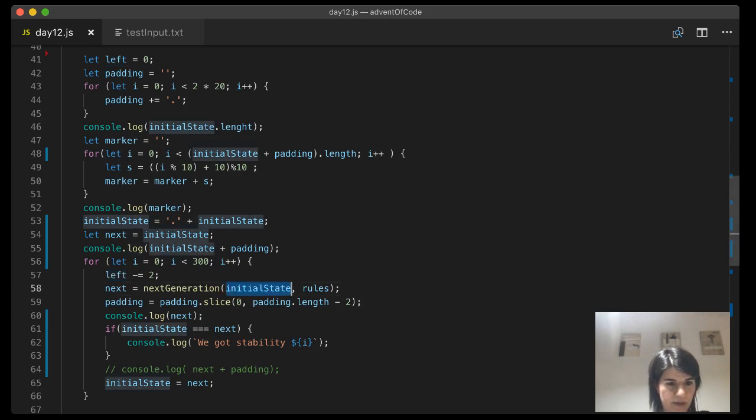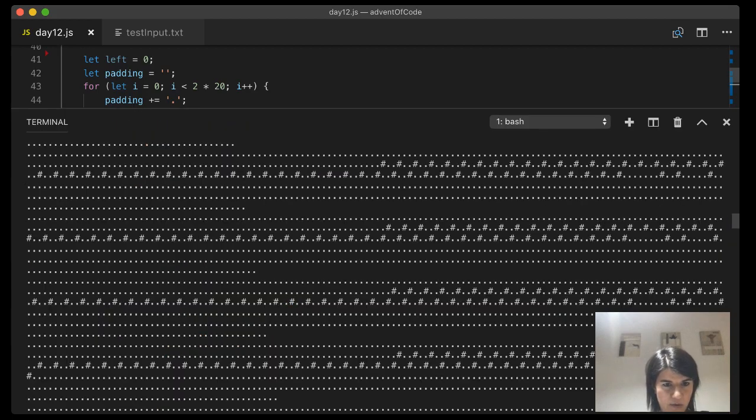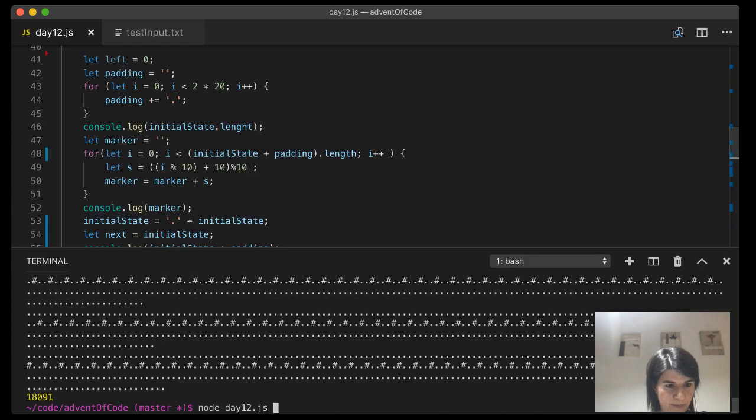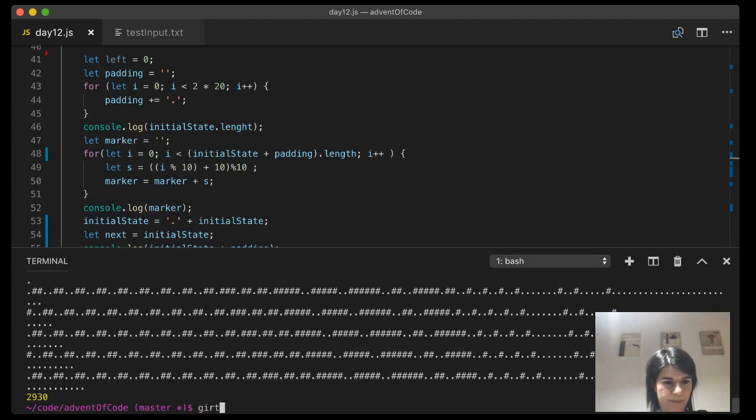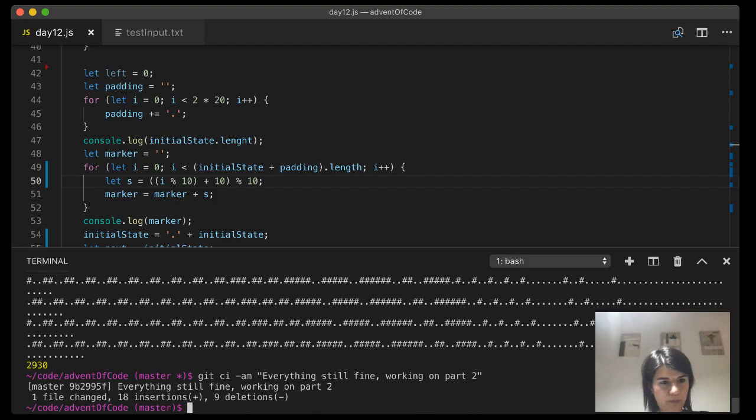And then here I'm calling next on next, and I do not need this one. And if I'm just going for 20 rows, let's make sure everything's still fine. Okay. Format, git, commit, still fine, working on part 2.